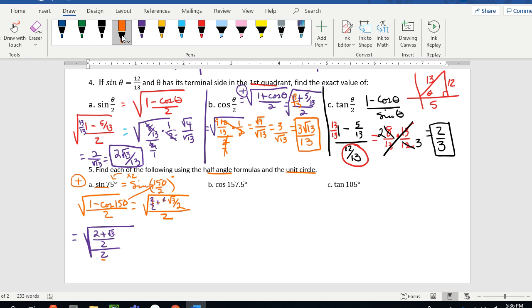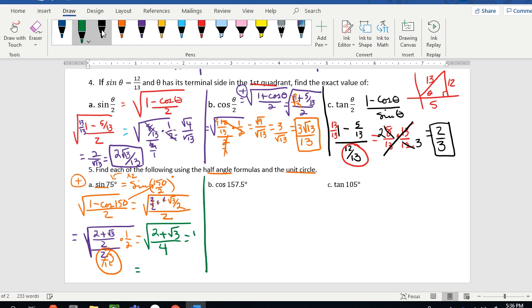Now, the next thing I'm going to do is put this over 1, so I'm going to multiply by 1 over 2 because I'm going to flip this to remove this. There's nothing I can reduce down. This is going to give you, let's go to another color because it's going to all blend, the square root of 2 plus root 3 over 4, but that means I have the square root of the top over the square root of the bottom, which gives me, oh, I'm going to run into B. Don't have enough room to write it here.